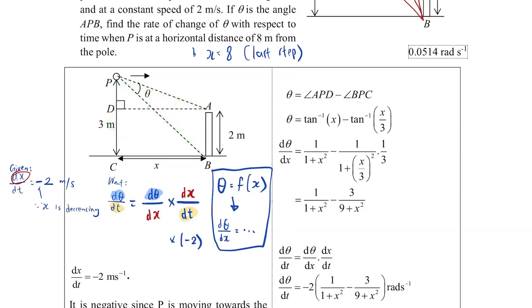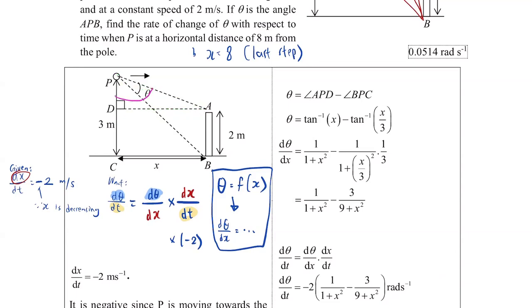Okay, good. And then what is the big angle APD? It's tangent inverse of x. Why is that the case? Big angle APD is actually here. So it's part of this right angle triangle. Can you see? And APD is this pink color angle.